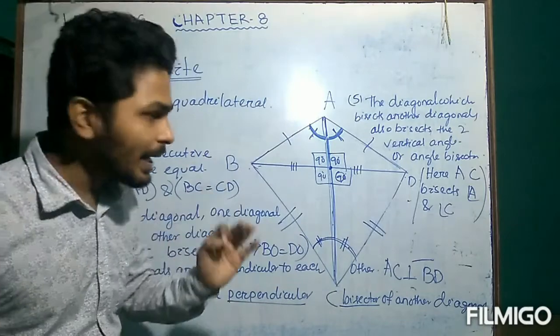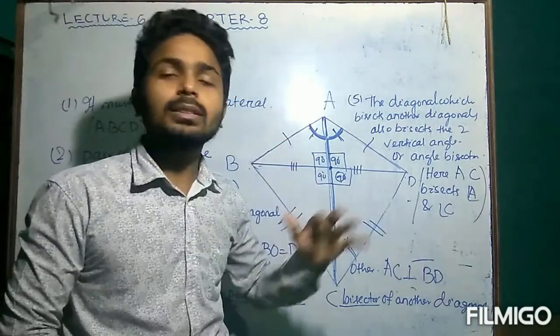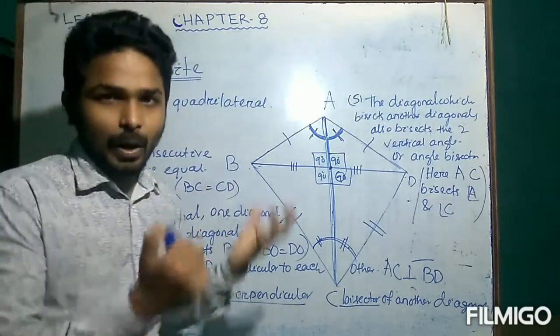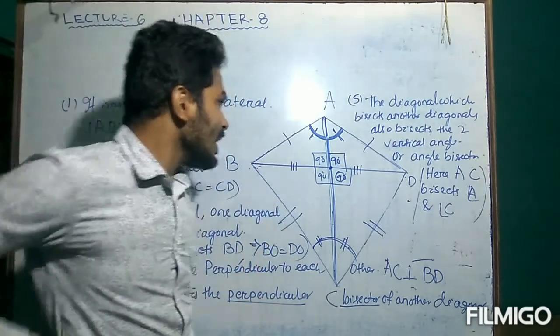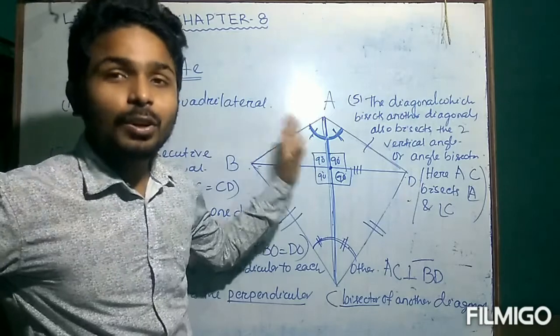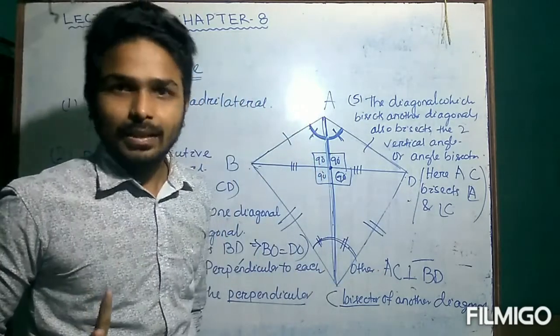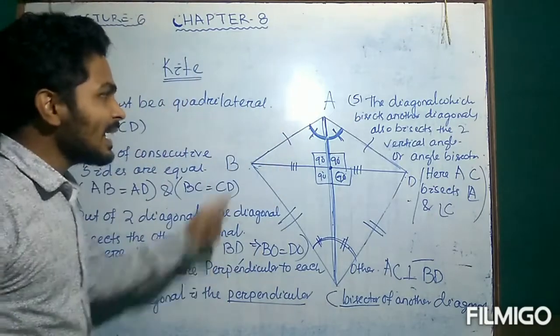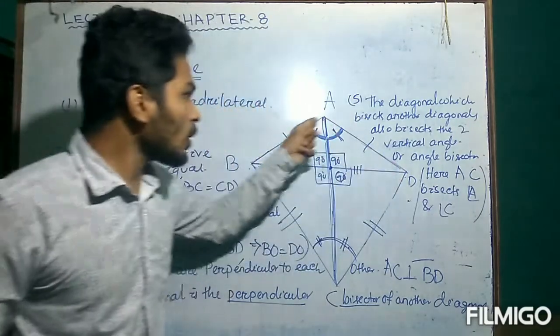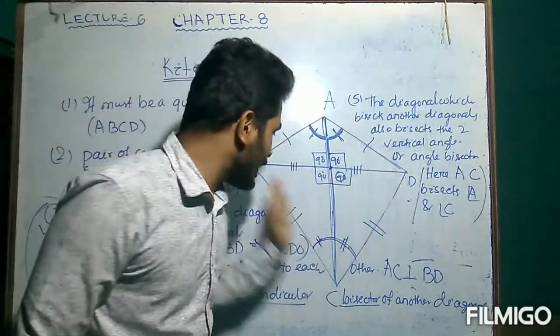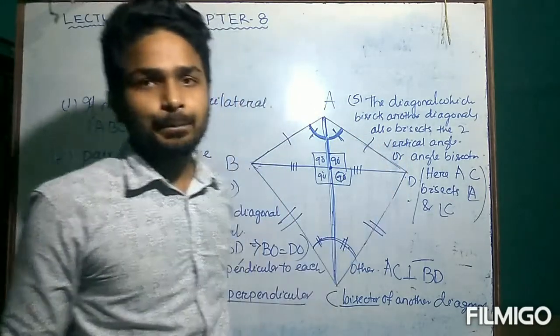In order to be a kite, a quadrilateral must follow all these five properties. Let us discuss those five properties again. The first property is that in order to be a kite, it must be a quadrilateral. The second property is that the pairs of consecutive sides must be equal. That means AB is equal to AD and BC is equal to CD.